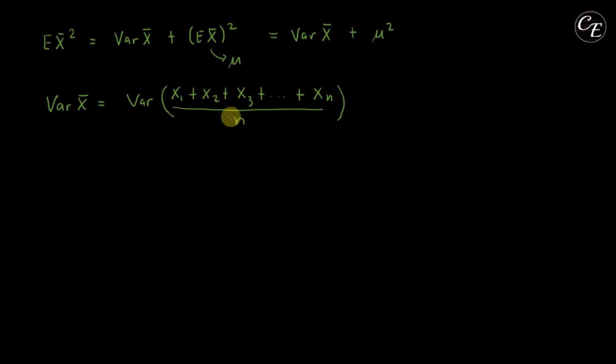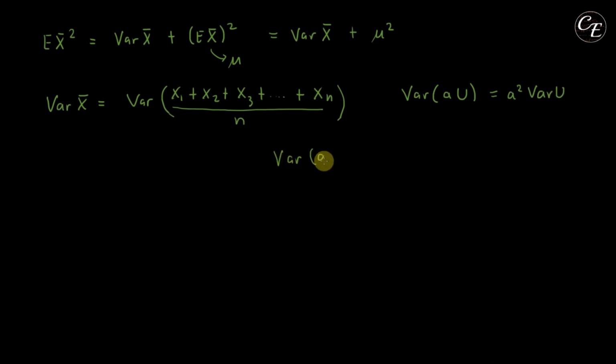So now we cannot just remove this over n outside of this variance as we did with expectation, because variance of a times u, where a is a constant and u is a random variable, is equal to a squared times variance of u.